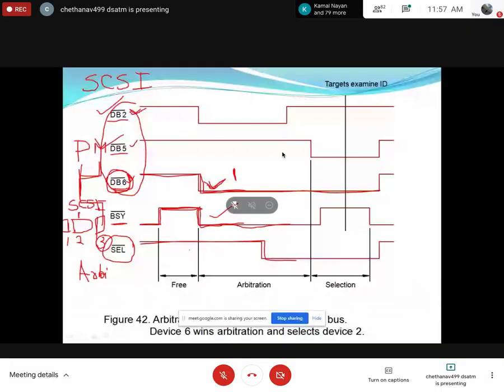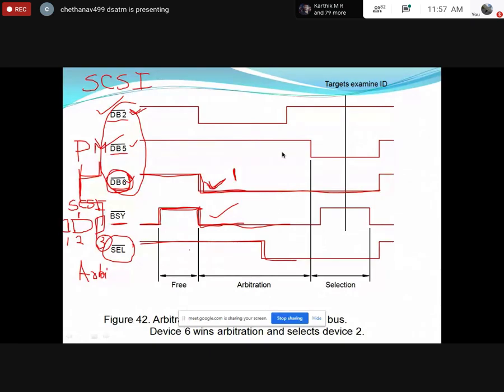I will select 5. That is the selection process, and it will be activated at this particular time. After device number 6, I am going to select the next device, and that selection process starts by enabling the select signal. I hope you are clear with this. That is with respect to the SCSI bus.